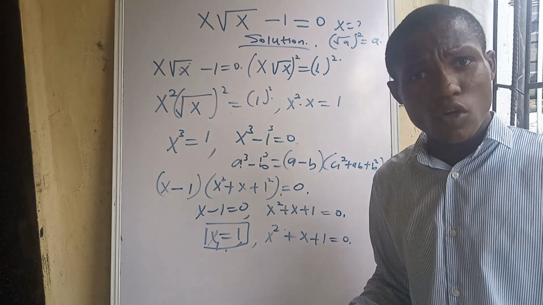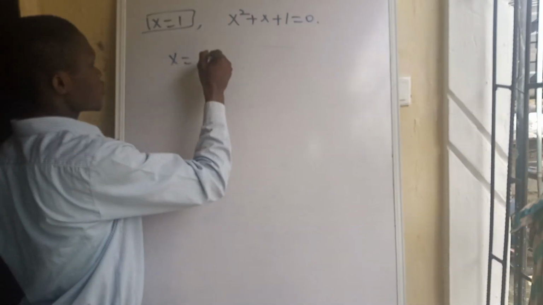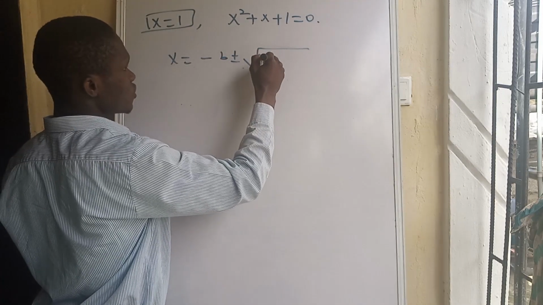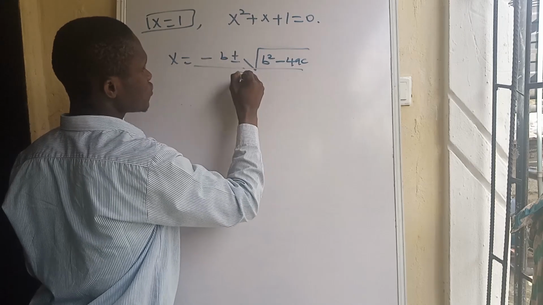The formula says x is equal to minus b plus or minus the root of b squared minus 4ac, all over 2a.